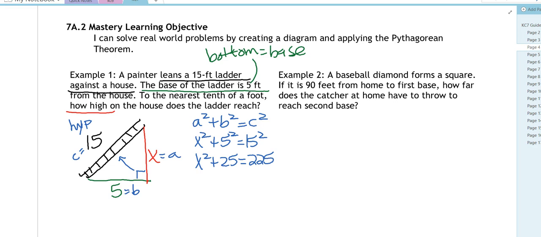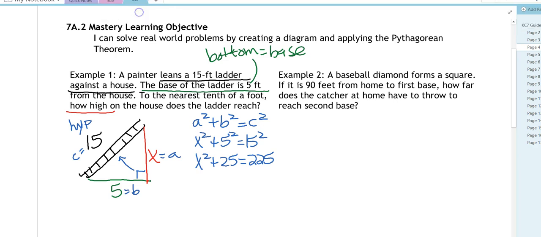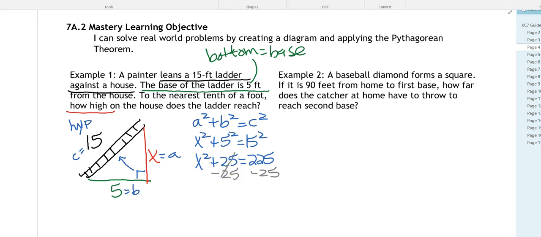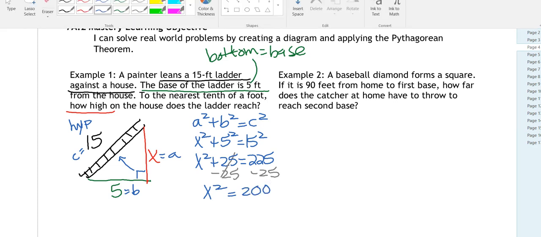When we are solving for x squared, we have to do the opposite operation. So therefore, we are going to subtract 25 on both sides. So x squared is going to equal 200. I want to solve and get my x by itself.